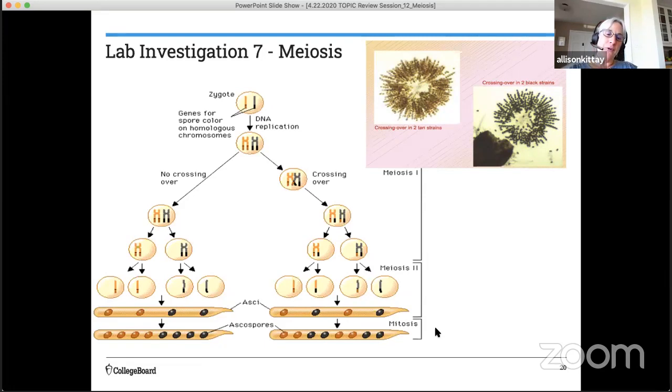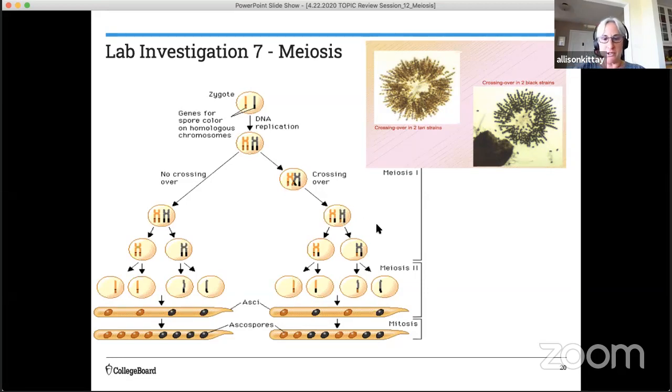When they divide by mitosis, they create a spore pattern of 4 tan and 4 black. Okay. If we look at crossing over, we can see in this image that pieces of the black spore gene are actually going to cross over onto that tan spore chromosome. And so that's the result. Same thing happens with the tan chromosome. We get a little bit of the gene for tan spore color on that black chromosome.